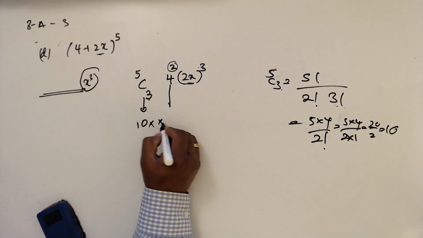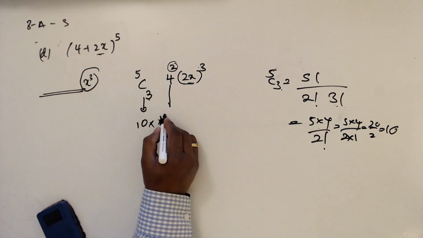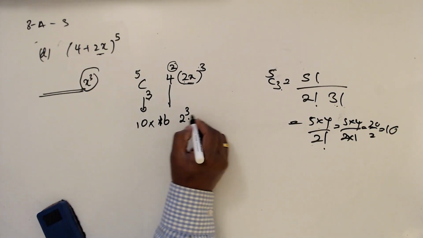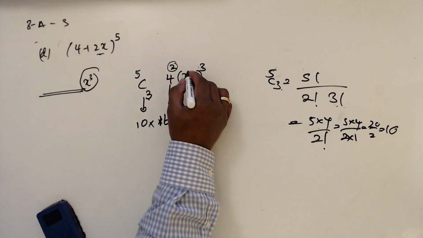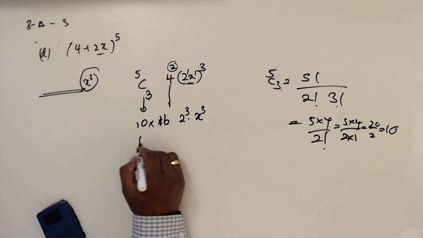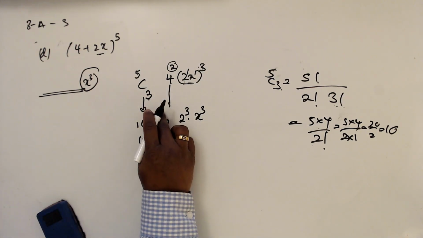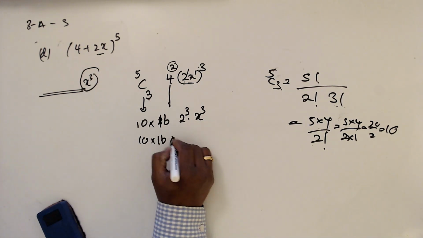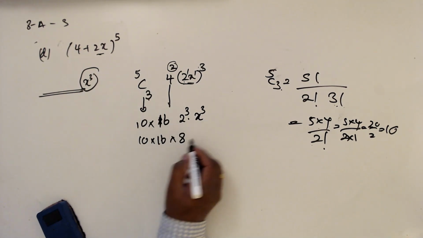3 to the power 2 is 9, 4 square is 16. Now this is going to be 2 cubed x cubed when I take this one. So 10 times 16, times 2 cubed, which is 8.